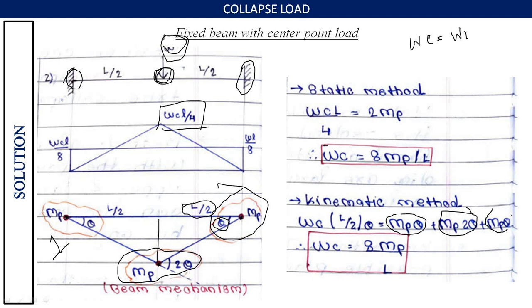Making WC the subject, we find the value of collapse load as 8 MP by L. You can see that the values of collapse load by the static method and the kinematic method are the same. You can use either of them, or you can solve by both. Generally in education systems we should go through both methods.